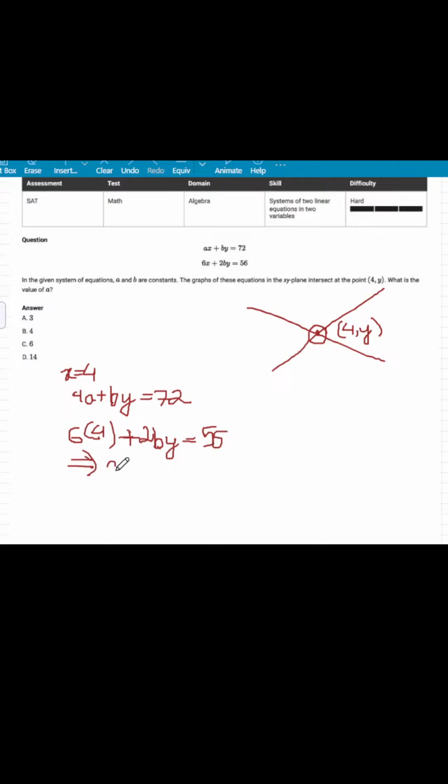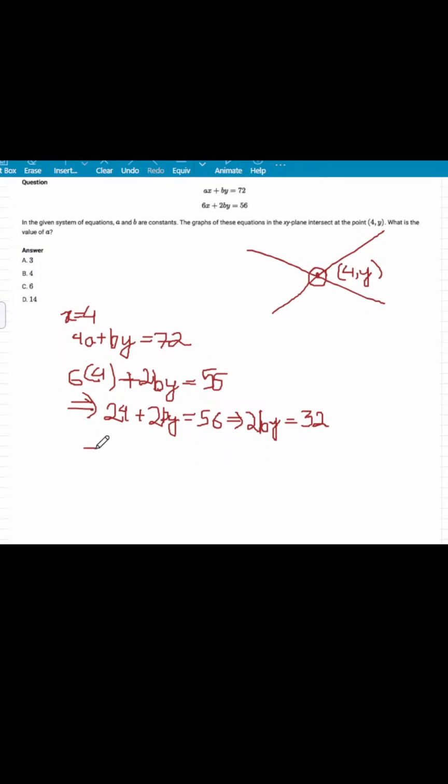So this will be 24 plus 2by is equal to 56, and then 2by is equal to 56 minus 24, that is 32. So we have 2by is 32, so by will be 16.